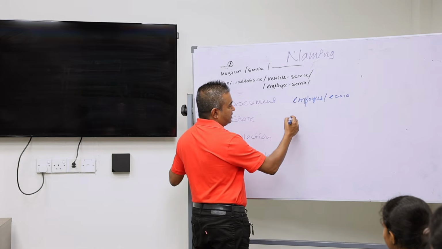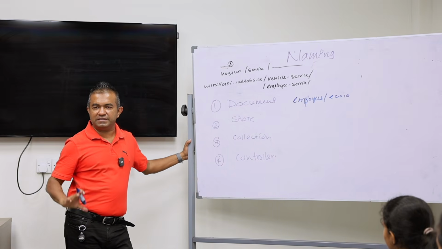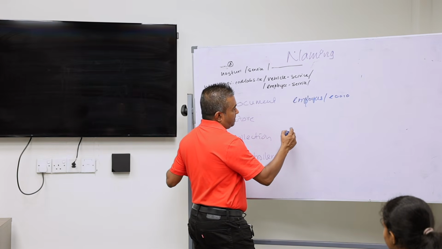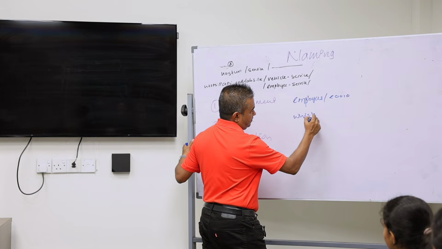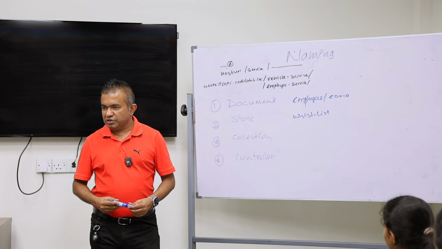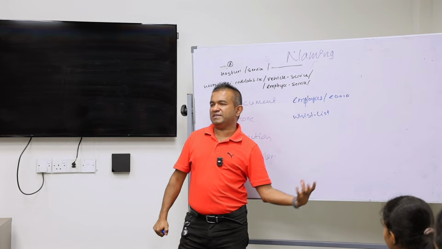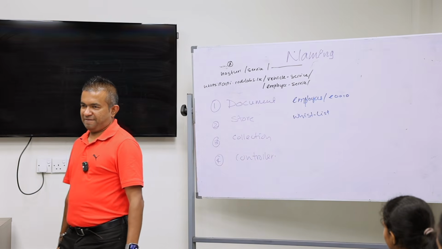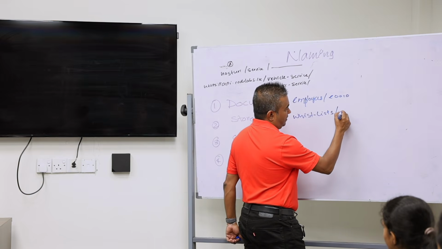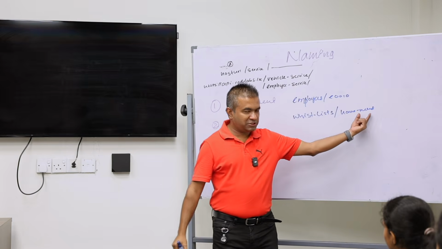Sometimes you may store a list inside the document, something like a wish list. You have one document, but inside it you have a list. Say, wish list, home needs.